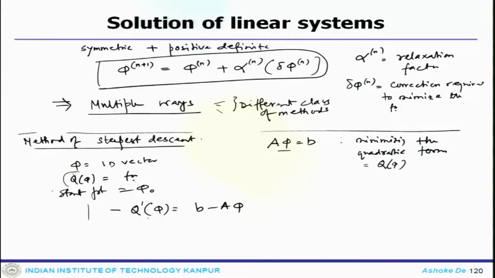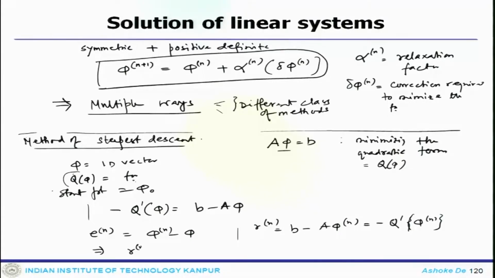So, the residual at every step and the error: one can calculate the error as phi n minus phi, and the residual at every step would be b minus A phi n, which is minus Q prime phi n. That means R n is equal to minus A e n.